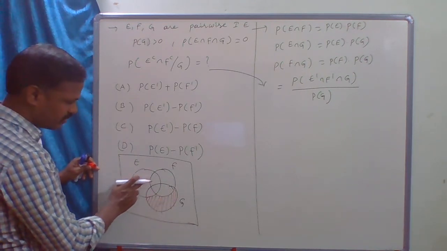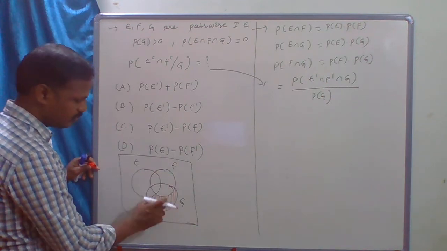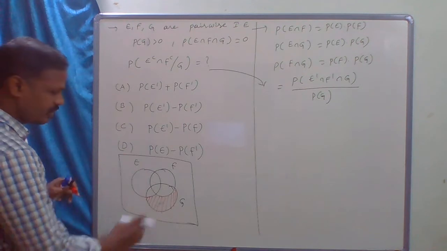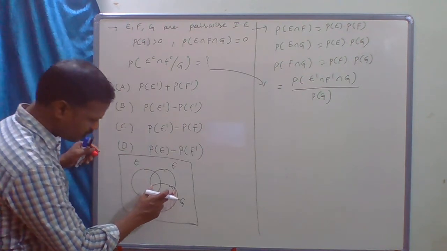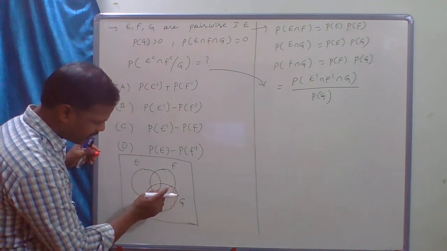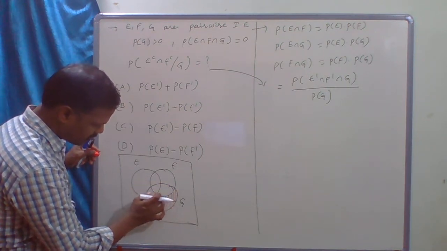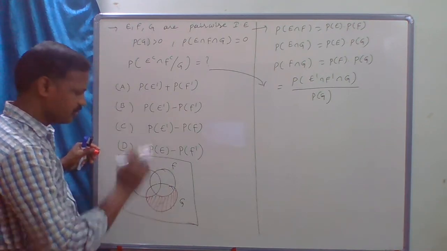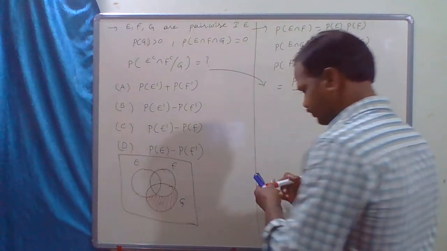We don't want E and we don't want F, but we want G. So this region can be written as total G minus this part and this part. Clear? So how can we write this one?